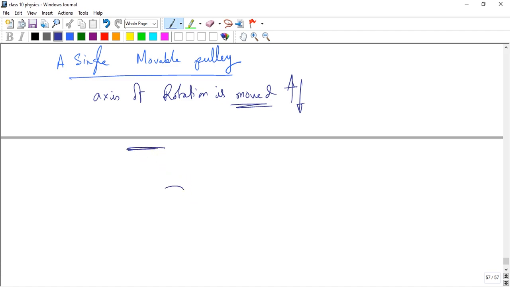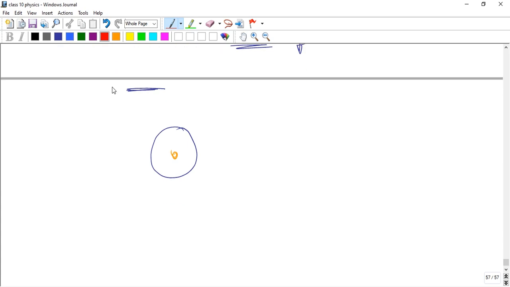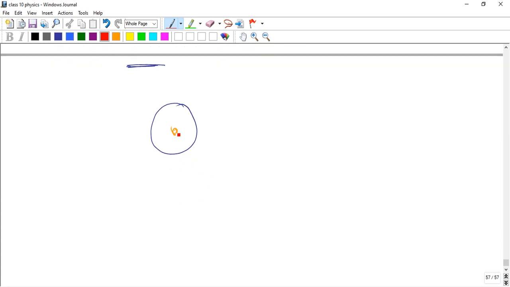Suppose that is a pulley. And here is the axle, and that is a load here.